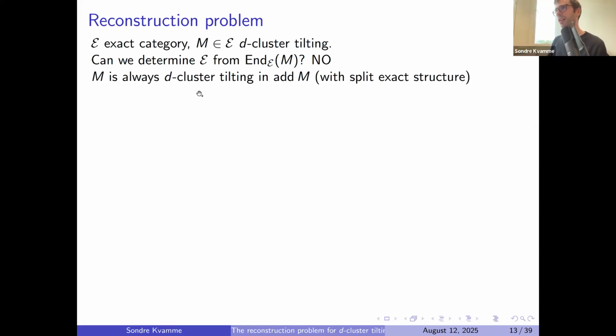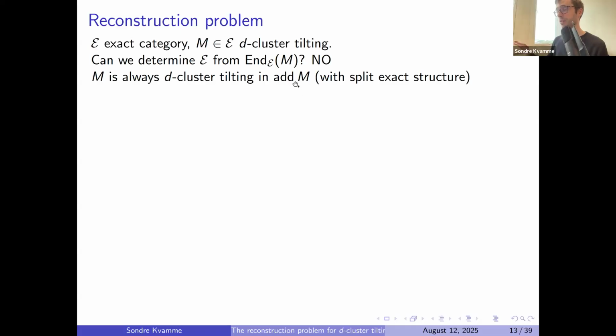If you have an object M, then it will always be D-cluster tilting in its additive closure when you consider the additive closure as an exact category with the split exact structure. In other words, as an exact category where the conflations are split short exact sequences.